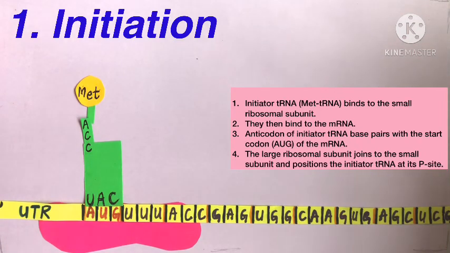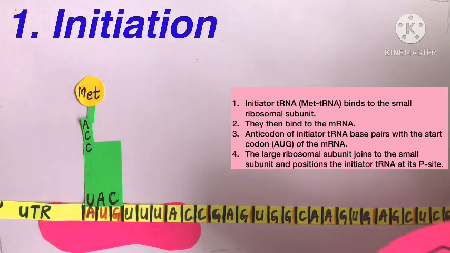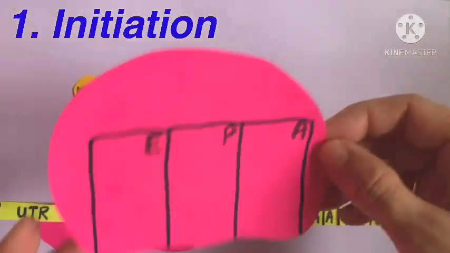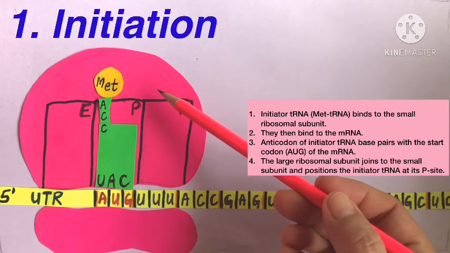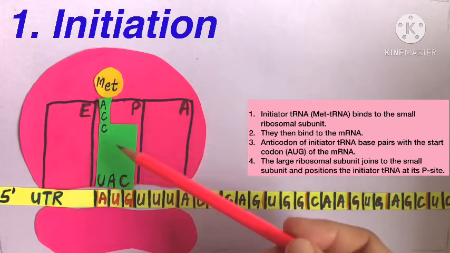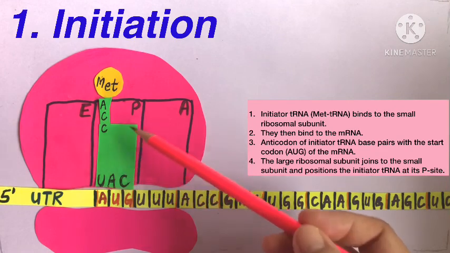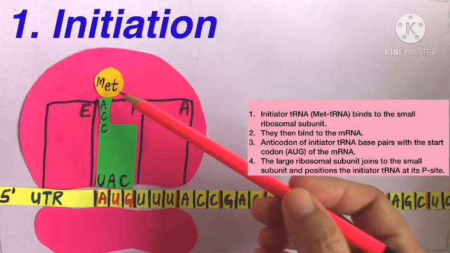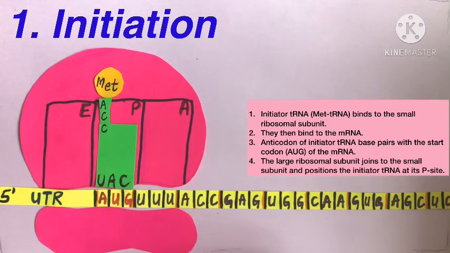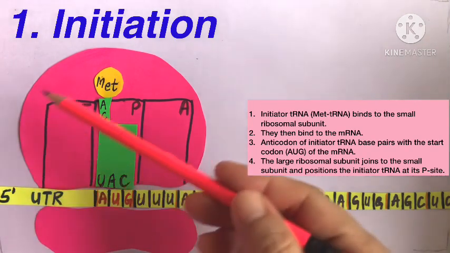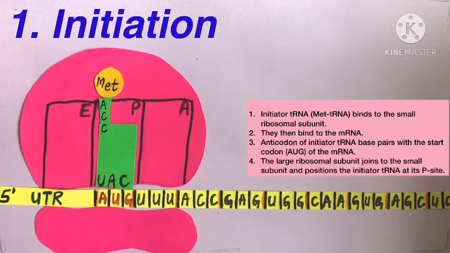And this is followed by the joining of the large ribosomal subunit, which is this. The large ribosomal subunit then positions the initiator tRNA at its P site and thus completes the initiation complex. So now this whole unit is referred to as an initiation complex.